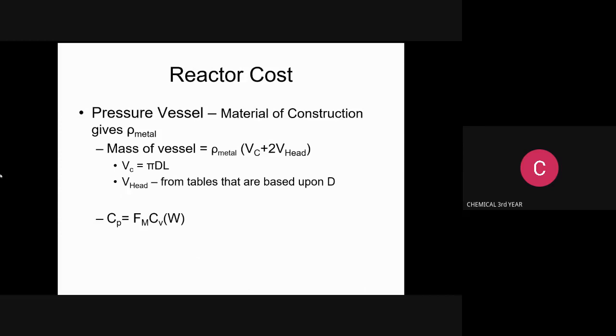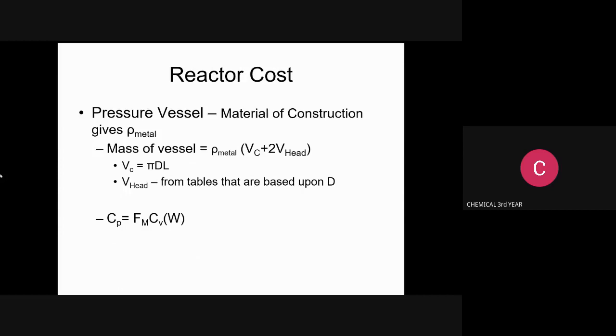Next slide. As I told previously, we have to study pressure vessels to reduce the reactor cost. There is a formula used for how we reduce the pressure vessel. This is the question: how do we reduce the reactor cost by using the pressure vessel?